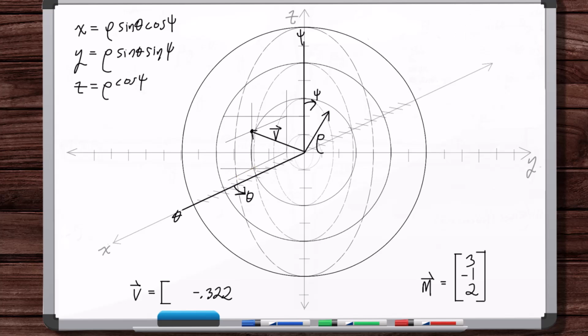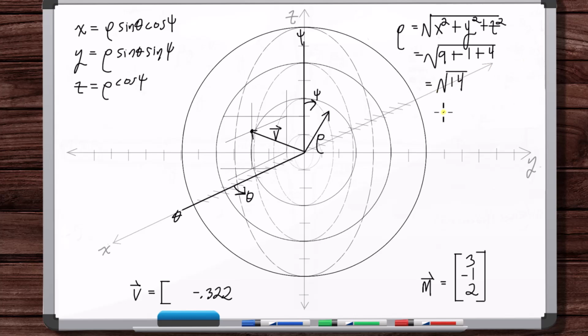Now we've also got that rho is equal to the principal square root of x squared plus y squared plus z squared. In that case, we've got 9 plus 1 plus 4.